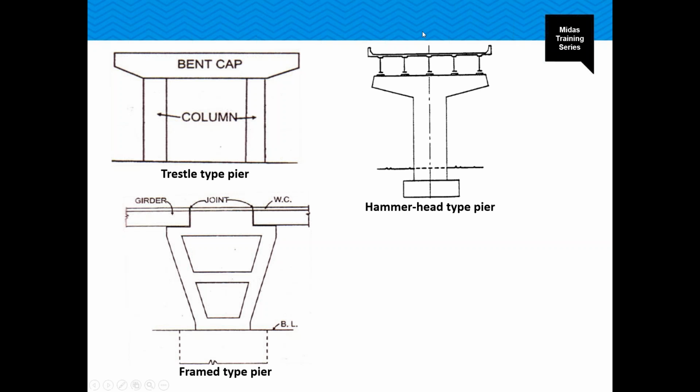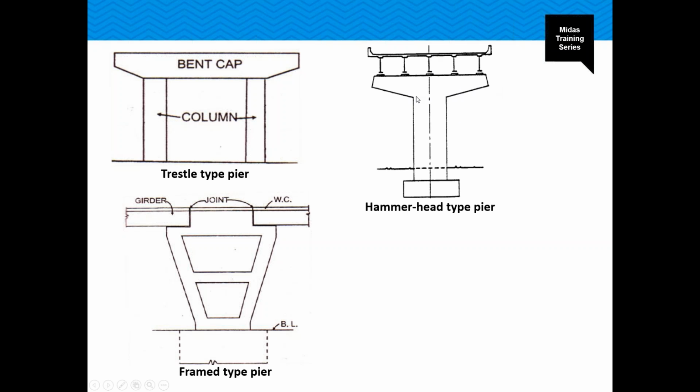Then moving to the third type, which is the hammerhead type pier. A hammerhead type pier consists of a massive single pier with cantilever pier caps on opposite sides, or it can be a one-sided cap also. The sides of the pier caps resemble the head of a hammer.